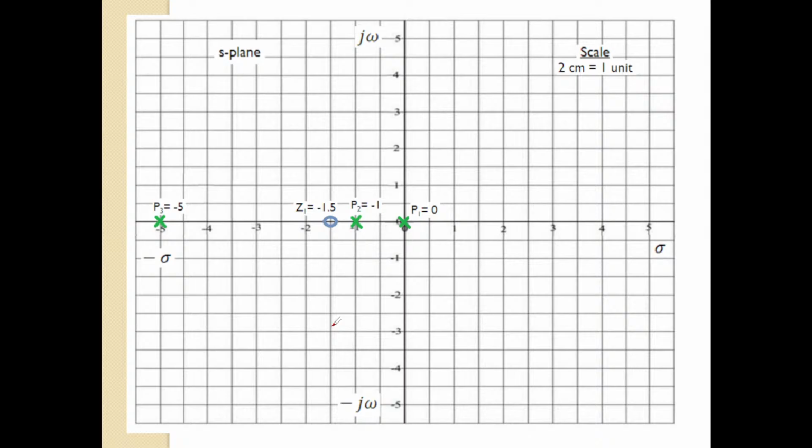This is your test point, and look towards right. When you look towards right from this point, the sum of poles and zeros, meaning the number of roots on the right side, is odd.